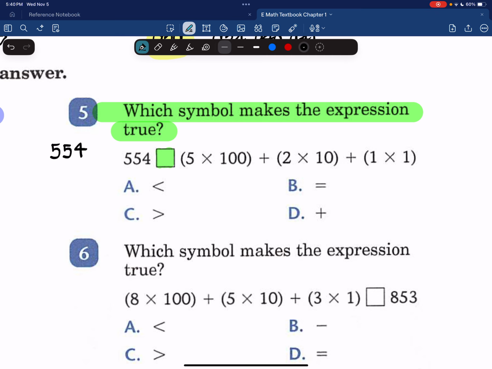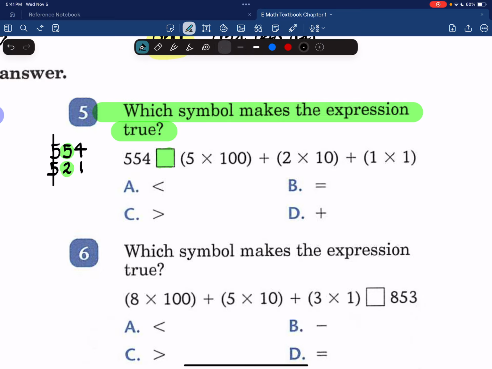We have 5 times 100, that's a 5 in the hundreds place, a 2 in the tens place, and 1 times 1 would be 1 in the ones place. So the 5s are the same, but here we have some luck. We have a 5 and a 2.